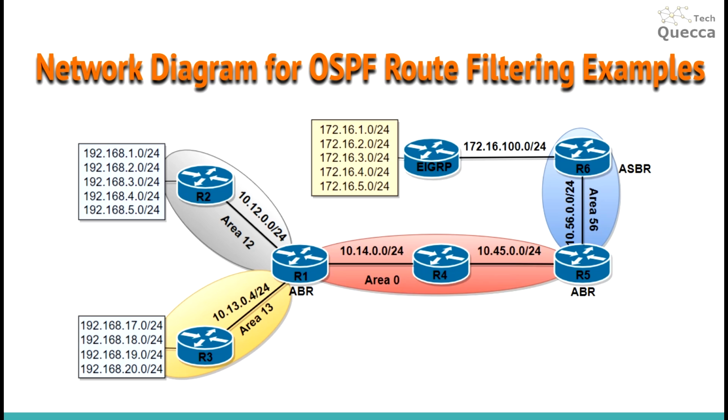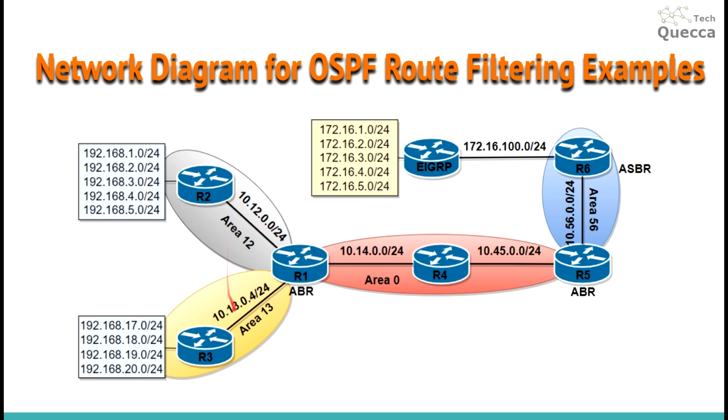Before we continue, let's review the network diagram which is going to be used in examples. We have a network with 7 routers. We have loopback interfaces configured on R2, on R3, and on the EIGRP router.